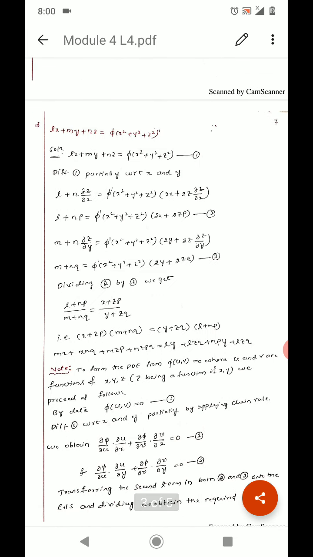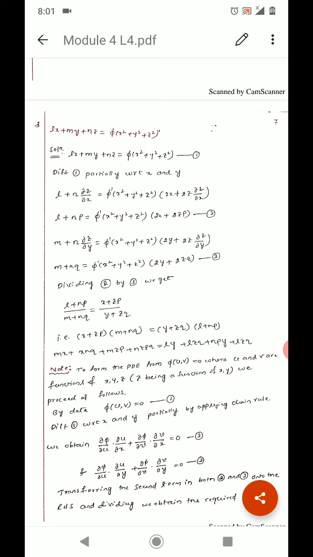Next one, lx plus my plus nz equal to phi of x square plus y square plus z square. So take the given equation as equation 1 and differentiate partially with respect to x and y. So with respect to x, here lx, differentiation of lx is l, since x becomes 1.